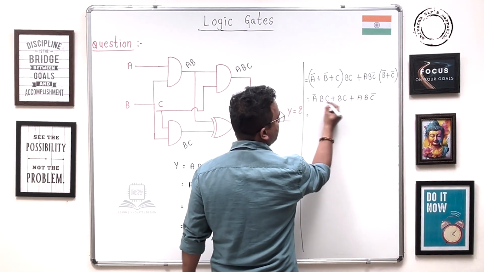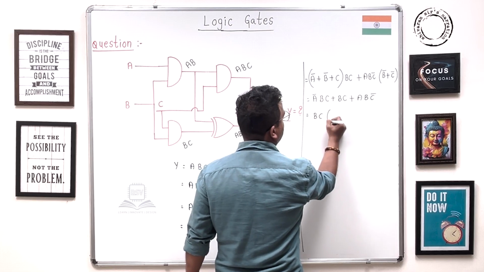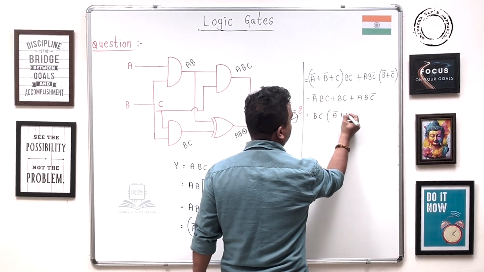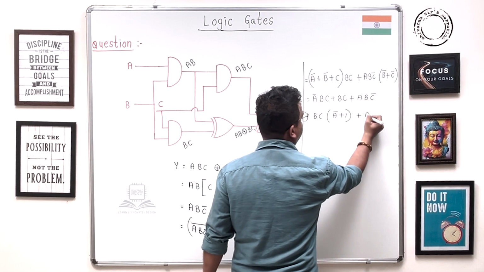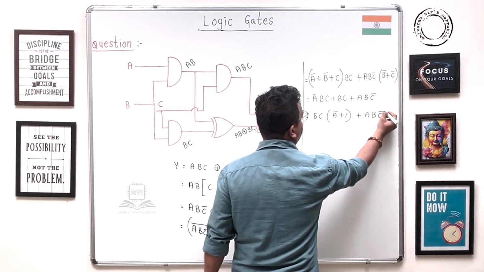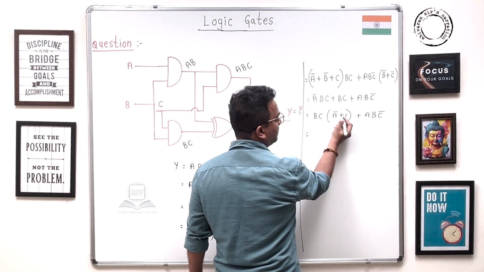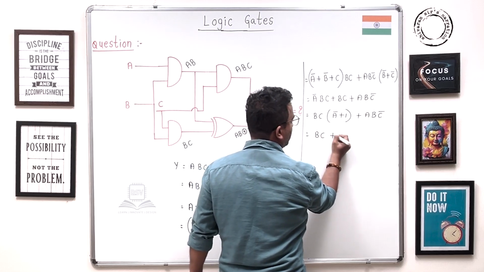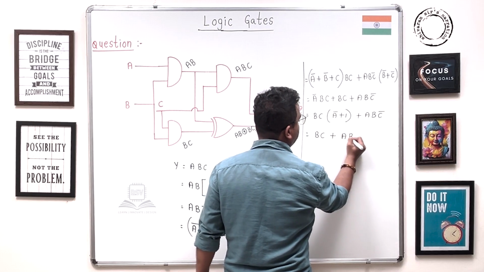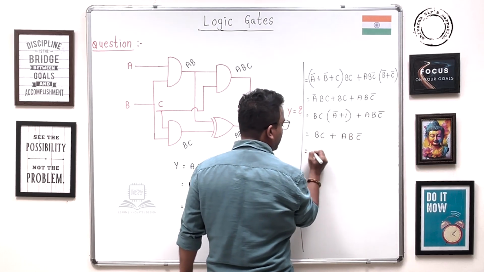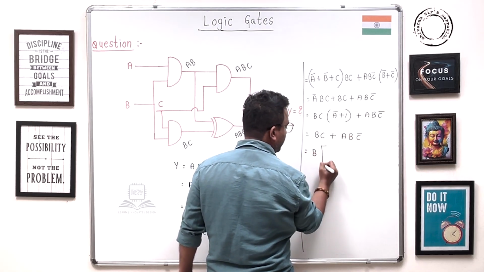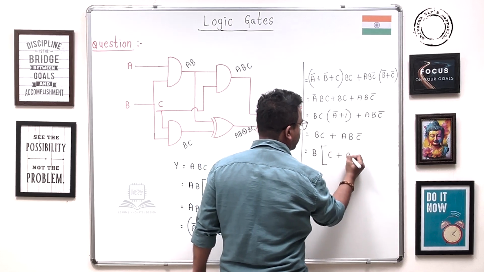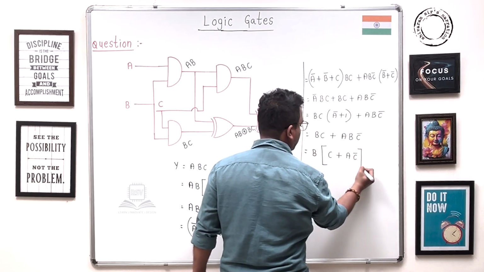Now guys, BC is common, BC into (A bar plus 1) plus ABC bar. Again here anything plus 1 is only 1, hence it is BC plus ABC bar. Take B as common, then it is B(C plus AC bar).